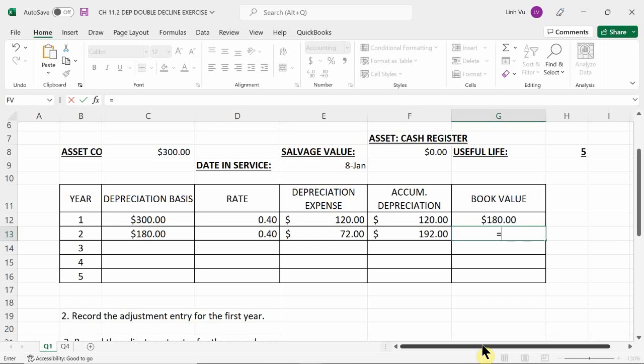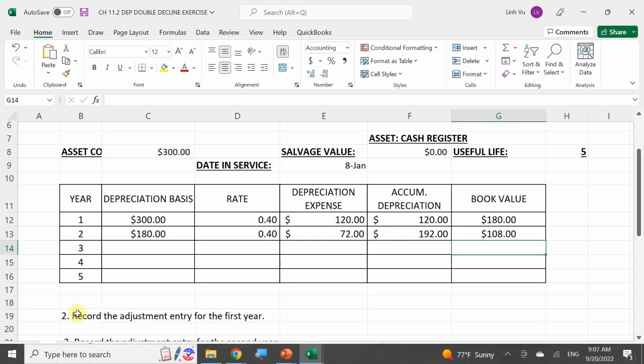Excellent, right? Because I'm going to start all over from the very beginning, right? How much did my asset start with? It started with $300. How much did I use it in grand total between the 2 years? 192. So in this case, what is my book value? 108. So you did answer that for the book value. Okay, 108. So let's move on to the third year.